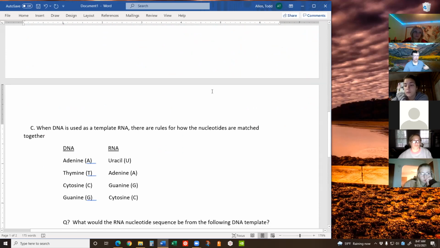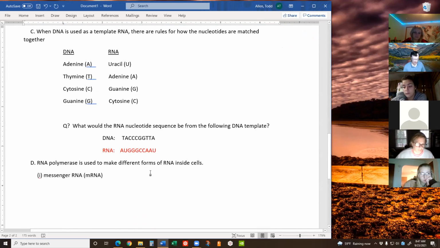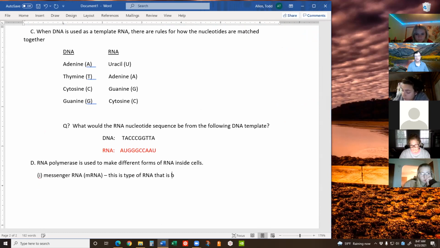Okay, so messenger RNA. This is the type of RNA that is being described in the central dogma flow chart above in your notes. Okay. The messenger RNA is going to be the template for a ribosome.